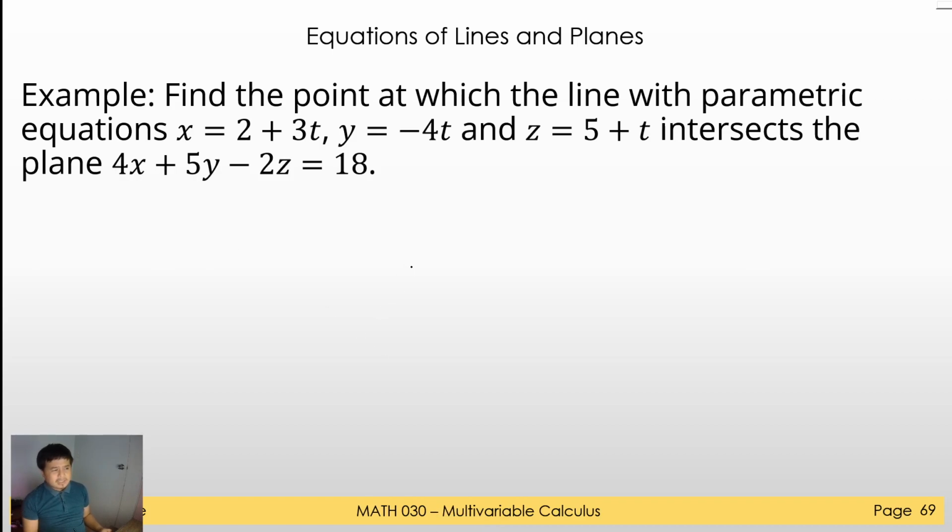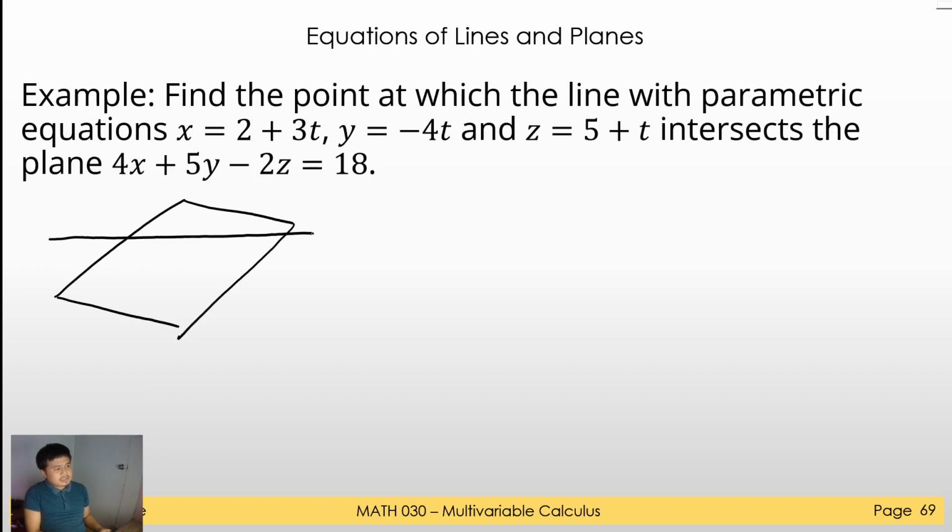We already have the parametric equations given and the plane given, so we want to find the intersection. How do we find the intersection of a given plane and a line? We can imagine this as follows: let's say this is the plane, and then we have this line. There will be some intersection somewhere here.